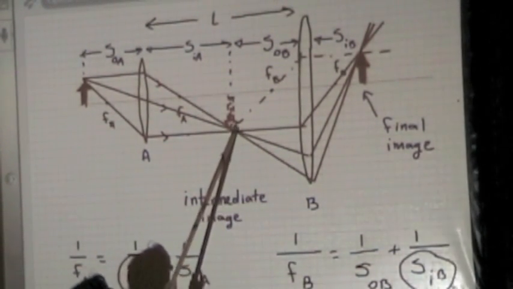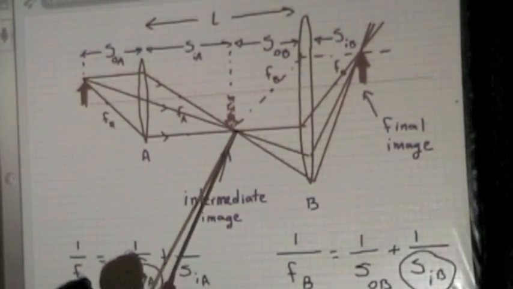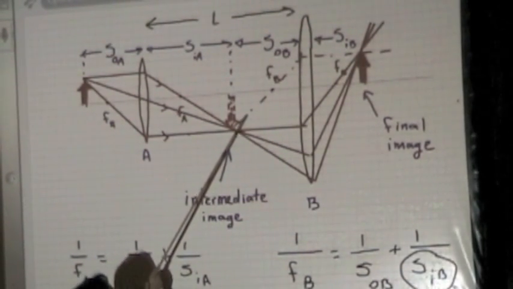So you probably want to find another light ray that does the job of a principal light ray for this lens. Now here, if this was a real object, this object would be shooting light in all directions, and one of the light rays coming out would be in that direction.